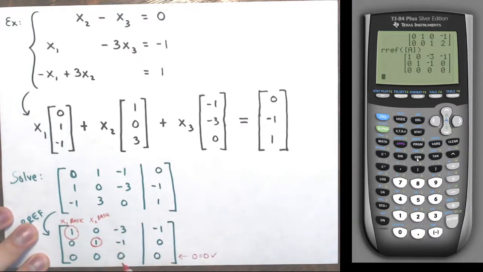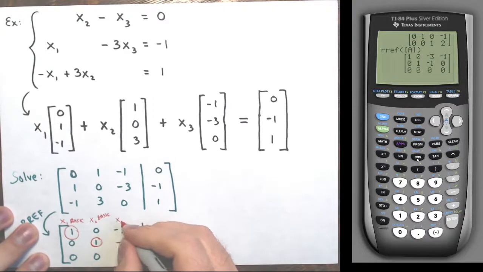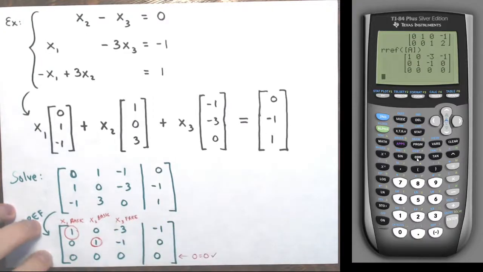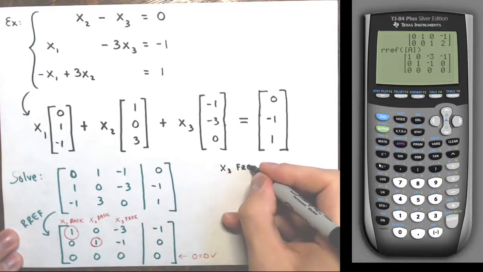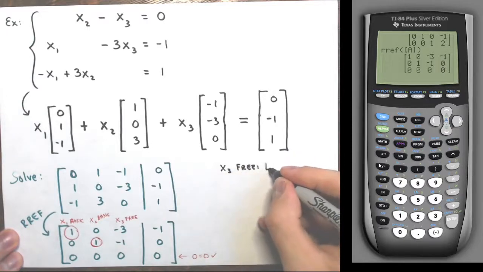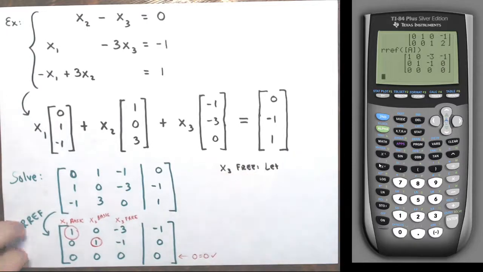It's this third column that doesn't have a pivot, doesn't have one of these leading ones in any of the rows. So x3 is free, meaning I can let the value of x3 be anything I want, any real number. Now, because x3 is free, I'm going to replace it with something. Again, I know you can leave it as x3 if you wish. That's totally fine.